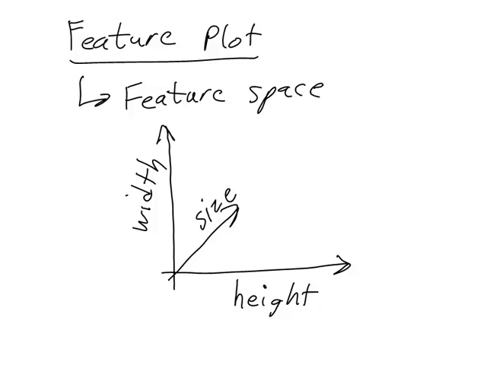In feature space, we will plot one dot for each object that has been extracted with our image segmentation algorithm. For example, let's imagine that we have applied the image segmentation algorithm to an image, and the algorithm has found 1,000 different objects.